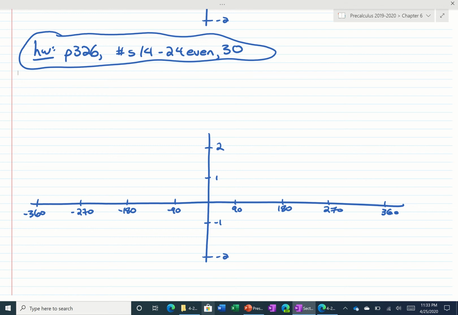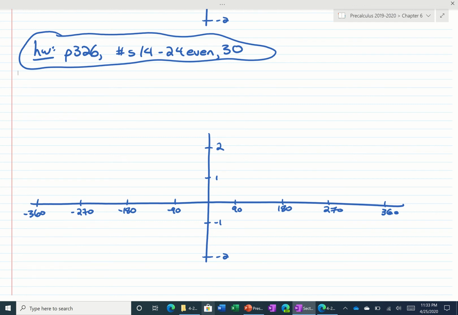Probably number 20 you might have had a hard time with. And let's see, I'll go over number 20. Number 24 should have been pretty easy. We've done similar ones to 24. And number 30, you could just look in the notes for those.